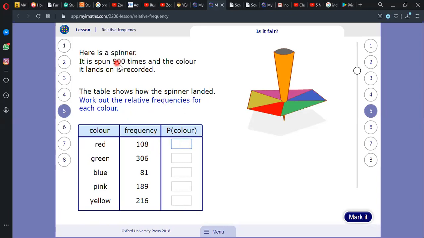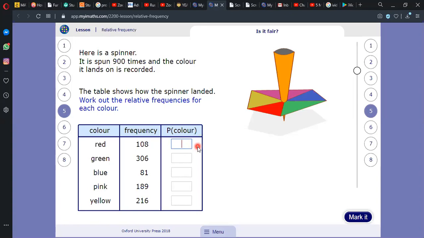Don't forget that we have the total number of times it was spun, which is the total number of trials. So the probability of the color red is going to be the number of times red showed up, which is our success for red, divided by the total number of trials, which is our 900. So guys, work on the calculations.